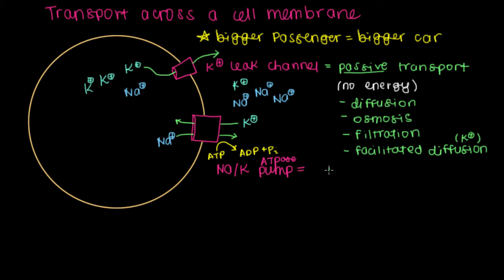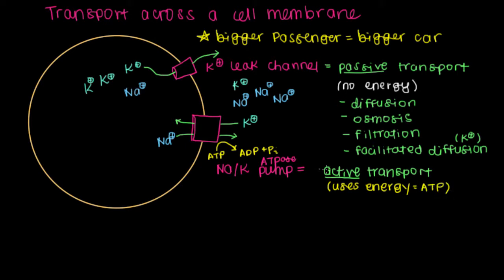And this is an excellent example of something called active transport. As the name suggests, relative to when we talked earlier about passive transport, active transport uses energy. And it uses energy in this scenario by breaking a molecule of ATP.